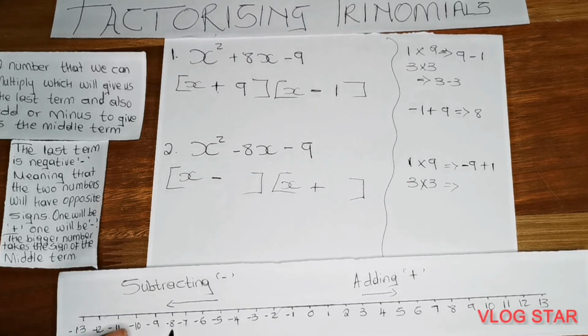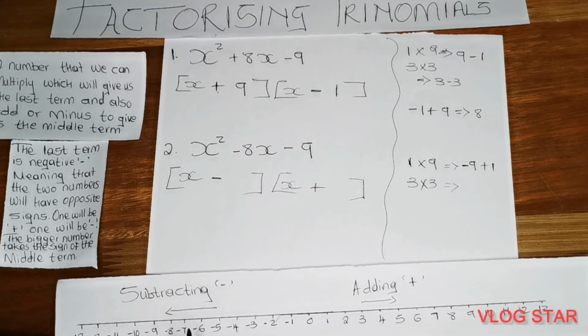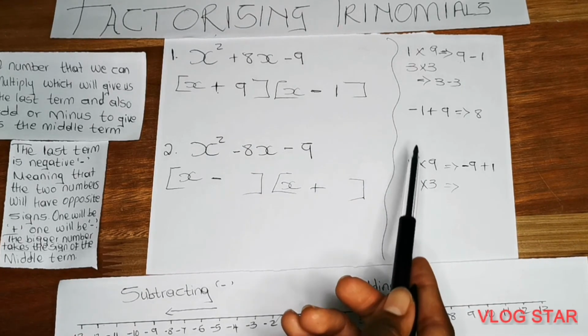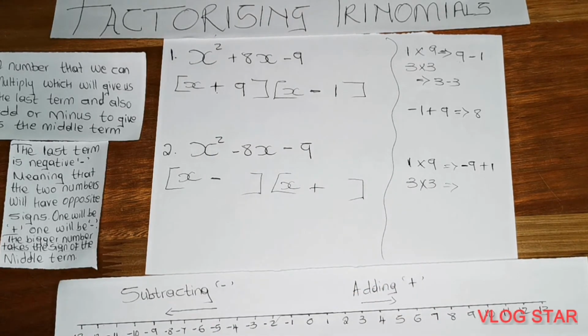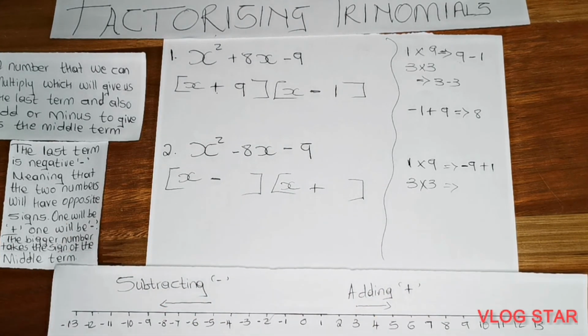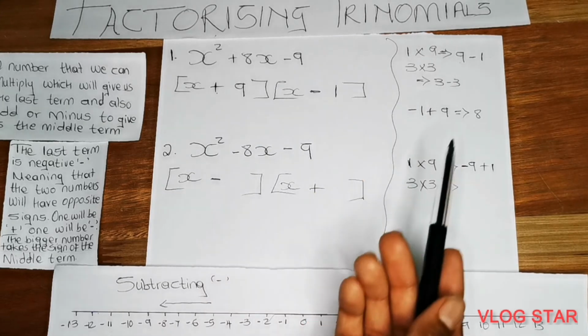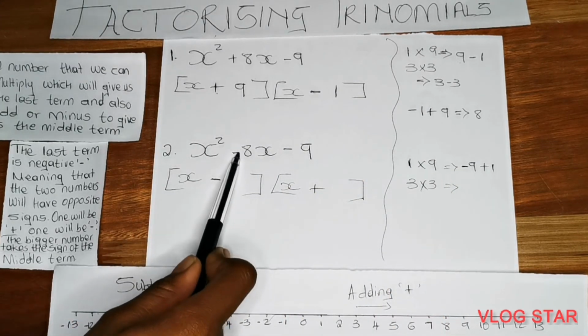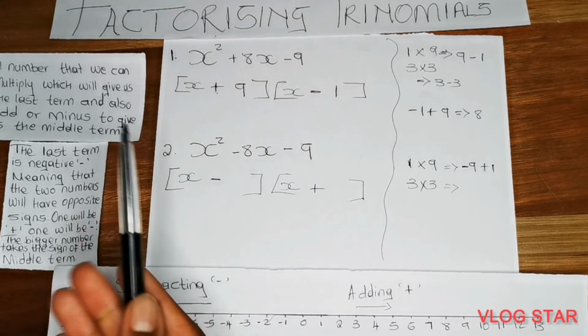You see that the pair that is going to work is 1 and 9. So how do we place the numbers? We place the numbers by saying which is the bigger number. The bigger number is 9, meaning that the bigger number must take the sign of the middle term. Which sign is it?